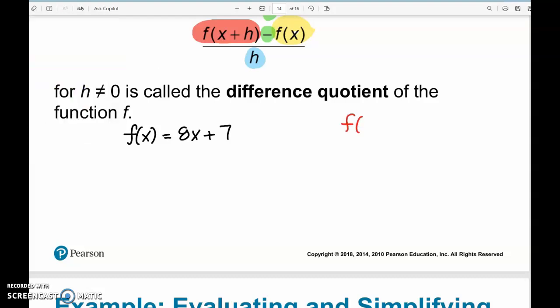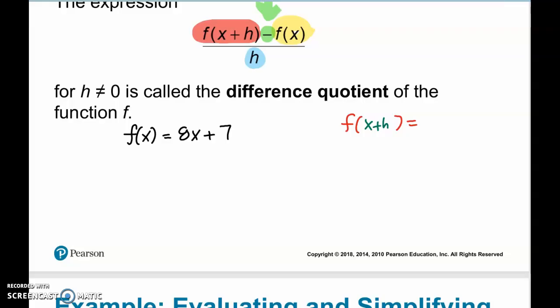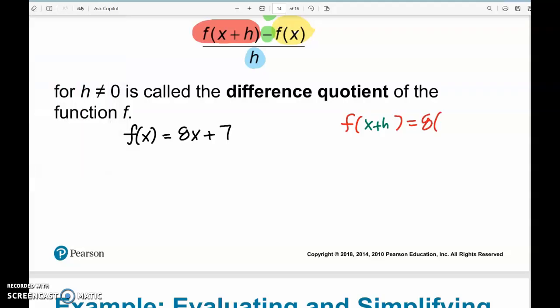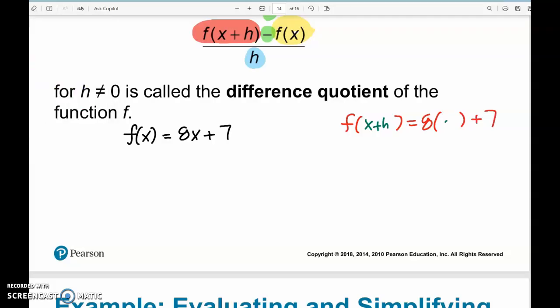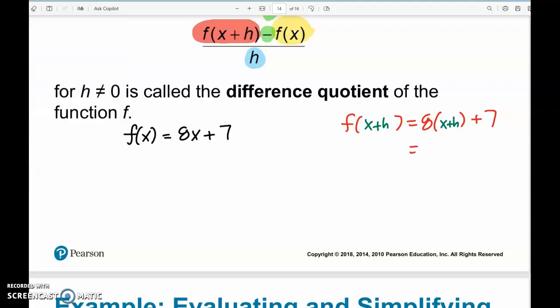First, evaluate what is f at x plus h. So the function f, we take the input, we multiply by 8, and we add 7. This time the input is x plus h. So we're doing this red part first. And so let's evaluate this.